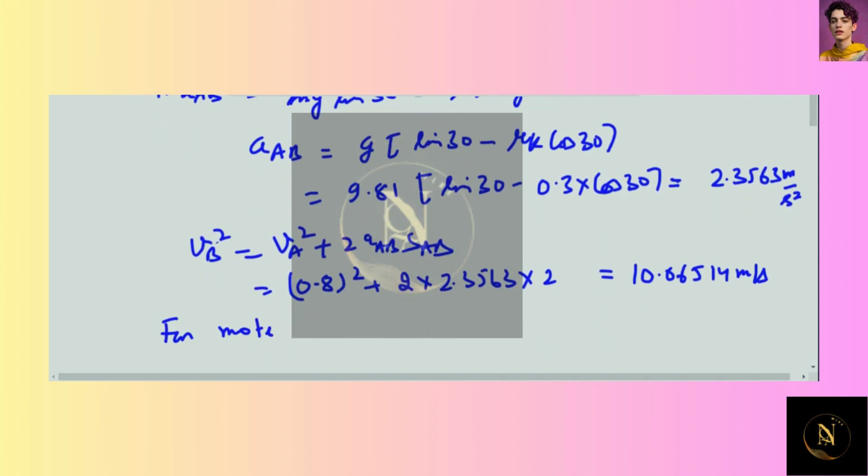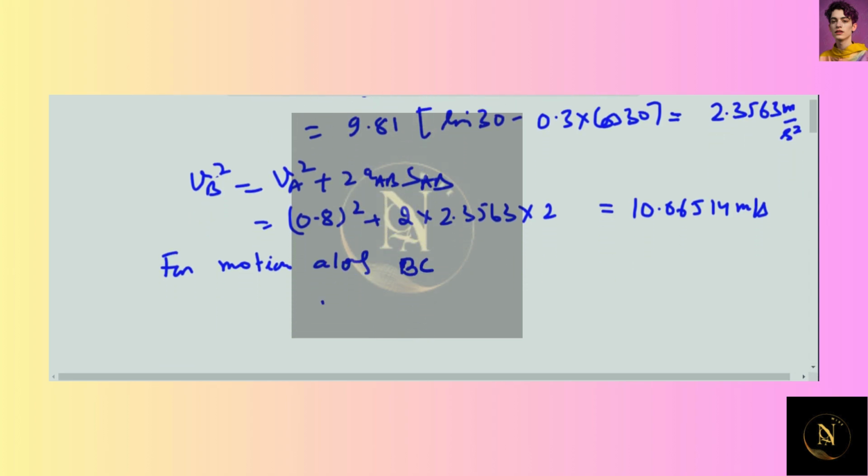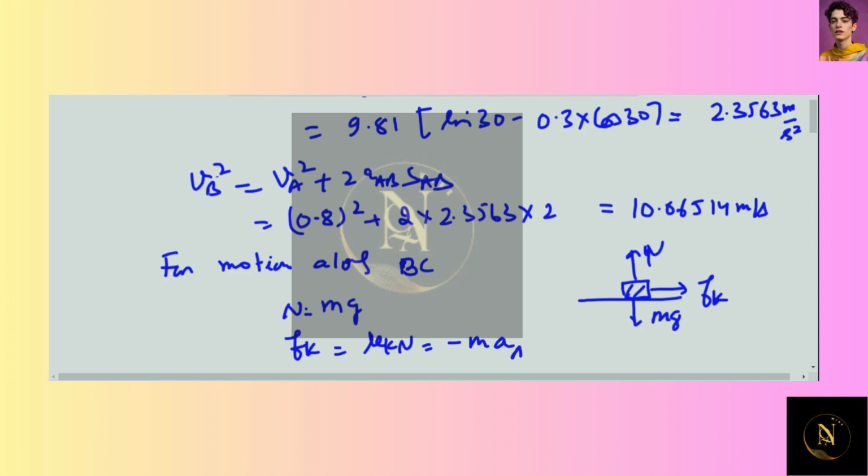For motion along BC, N will be equal to mg, here is the friction, and that will be minus m a_BC.